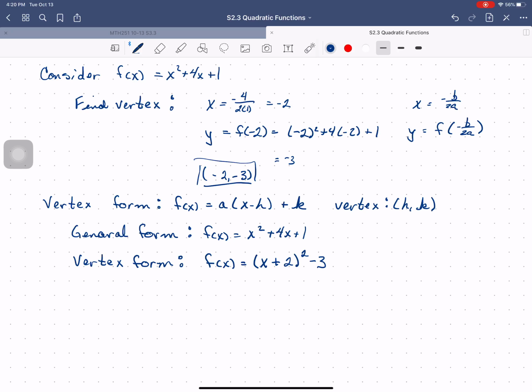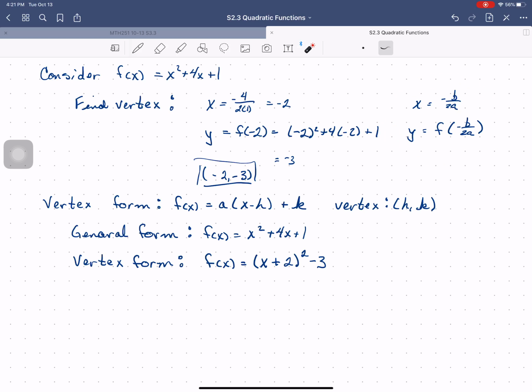Now, let me show you how to go from the general form to the vertex form, so that you can find the vertex of a parabola without going through all this work.